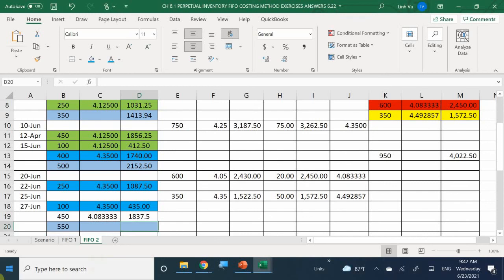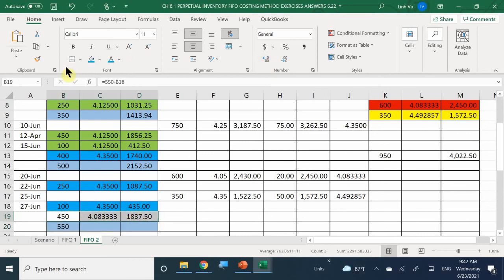Then you said we didn't round. Which one did you say we didn't round? We don't round the cost per item. Okay. We only round the total cost. Okay. So 1,837.50. Perfect.